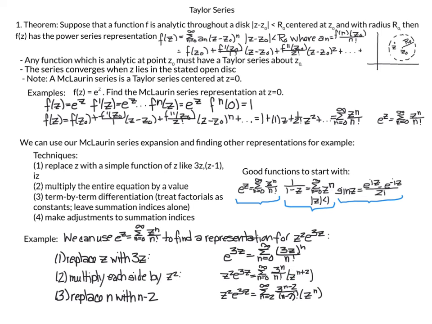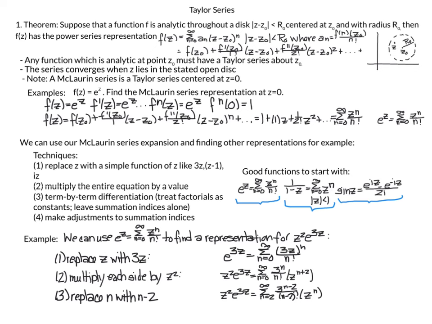So I can walk back my index of summation so that I start at n equals 2, so that here I can have z to the n. If I start at n equals 2, I need to subtract basically 2 from all my indices. So I can think of this as replacing n with n minus 2.